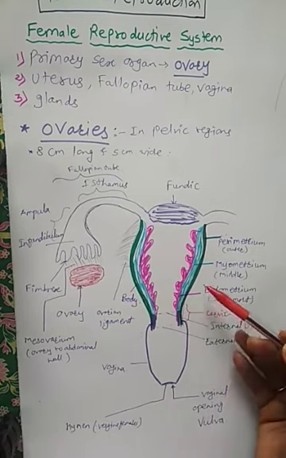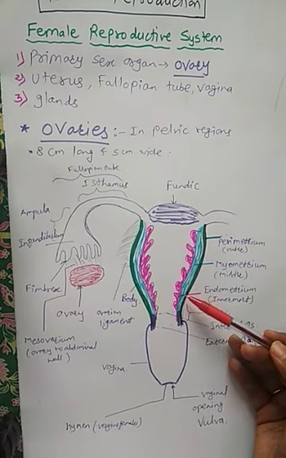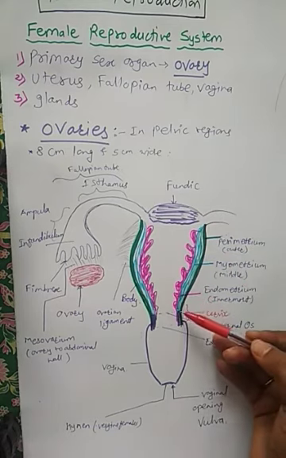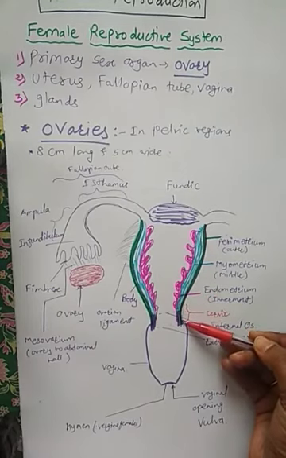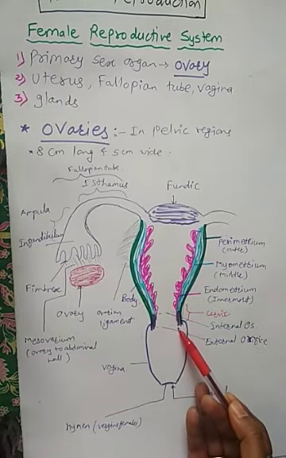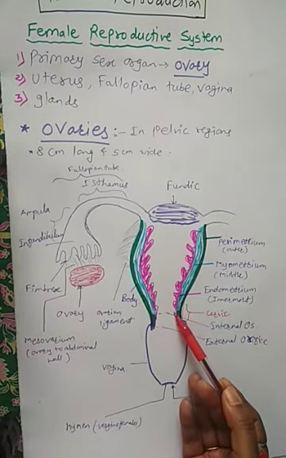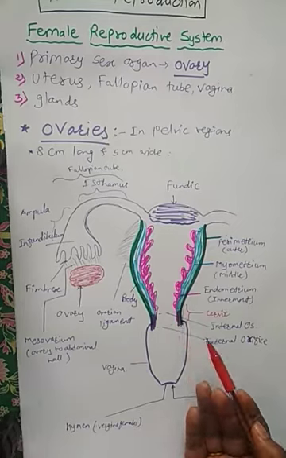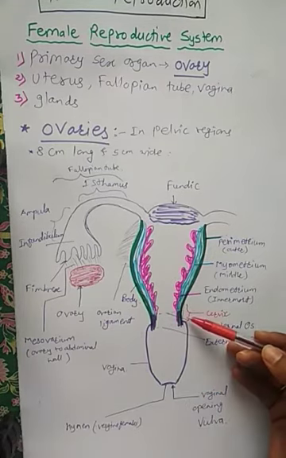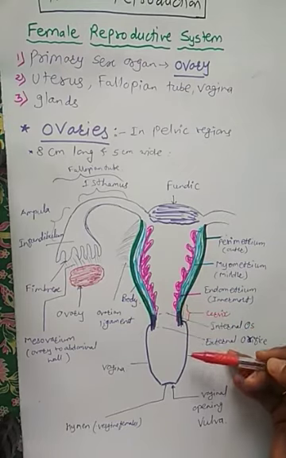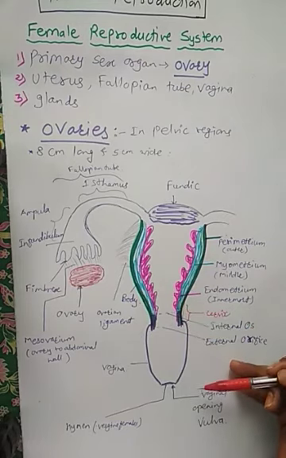There is an upper bulging part, the fundus, and the lower part is the cervix. The cervix has an internal orifice, or internal os, and an external orifice. The cervix opens into the vagina, another muscular part.